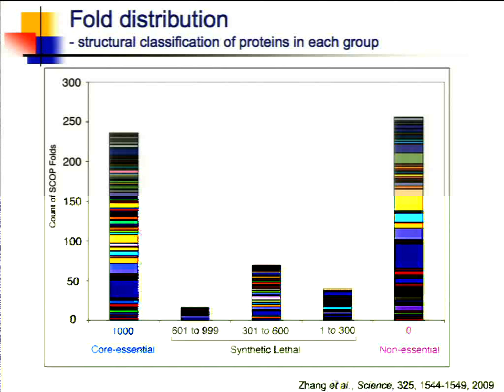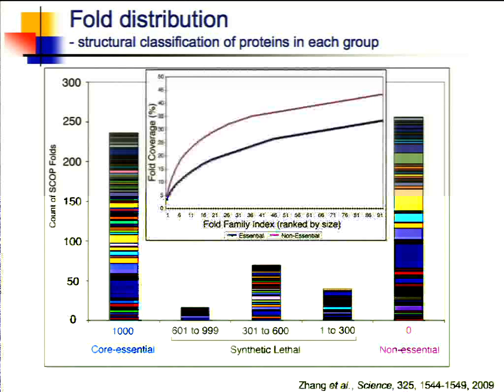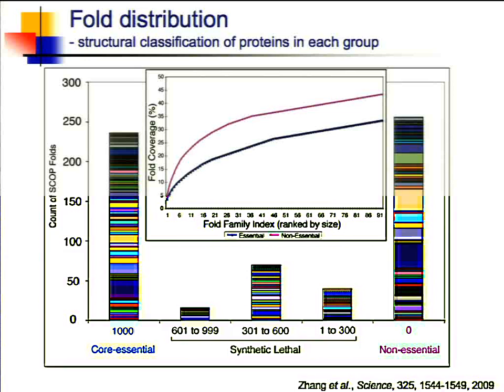The non-essential genes contain a smaller number of protein families, but each family contains a larger number of representatives. To make it clear, we can see it from the cumulative curve of the families. Here we can see that the largest family in the core essential group, which is blue, is much smaller, maybe half the size of the non-essential families.